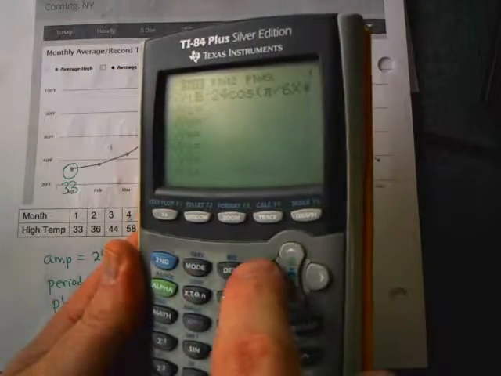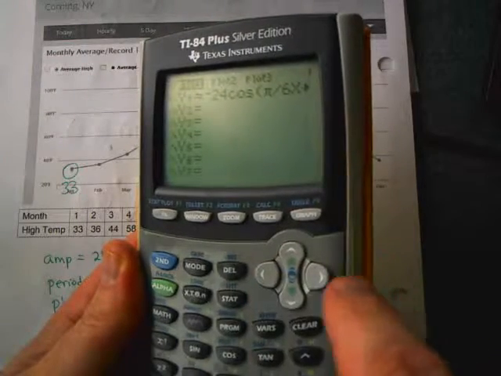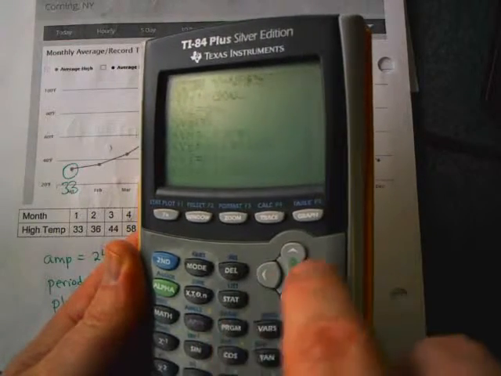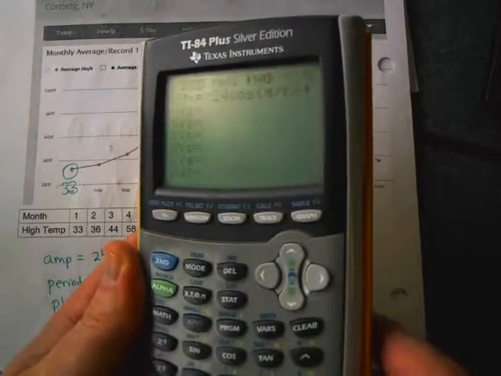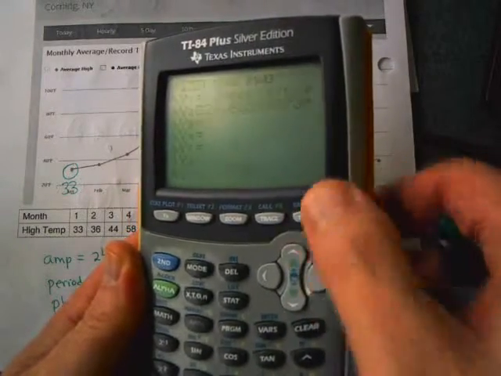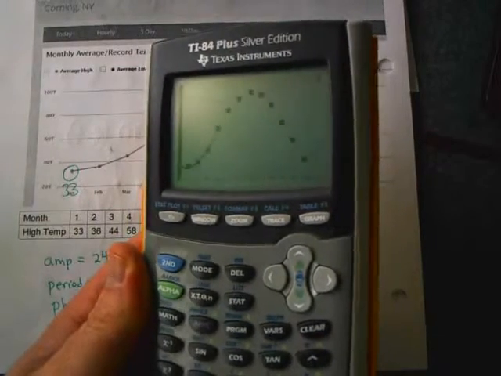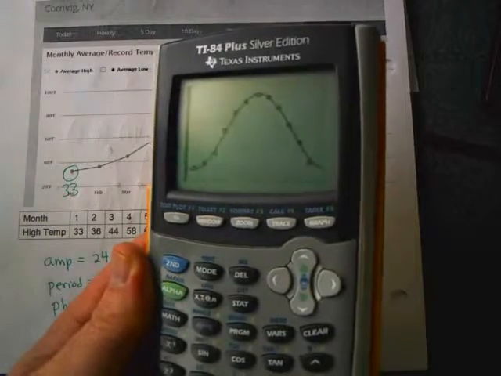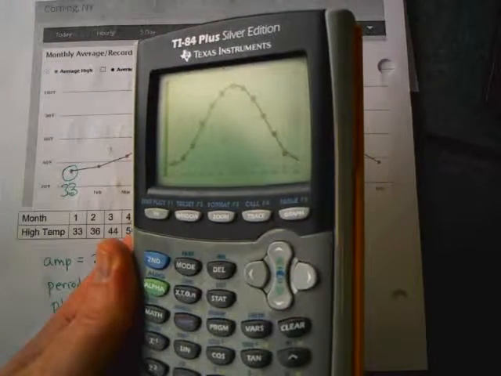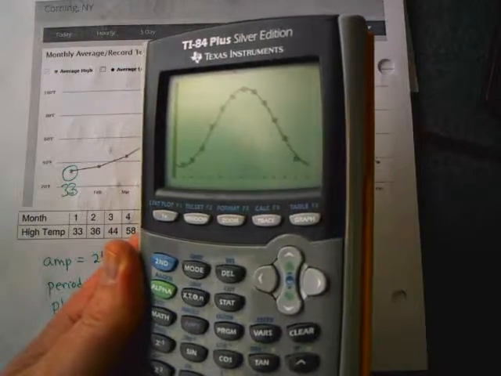Y equals, let's plug it in here. Here's what the calculator says you get if you do a sine regression. Is their answer better? Slightly. If you go back and look at the graph, it's slightly.